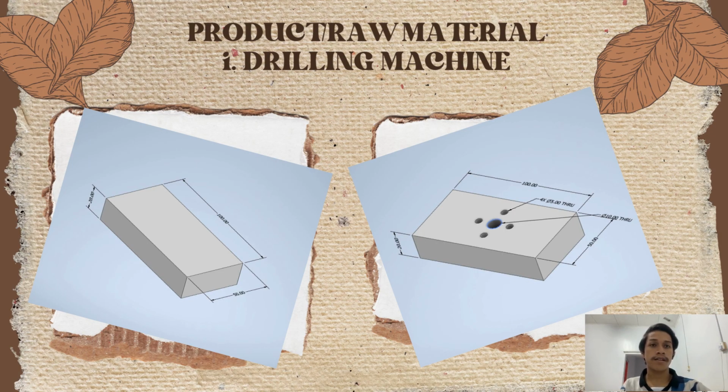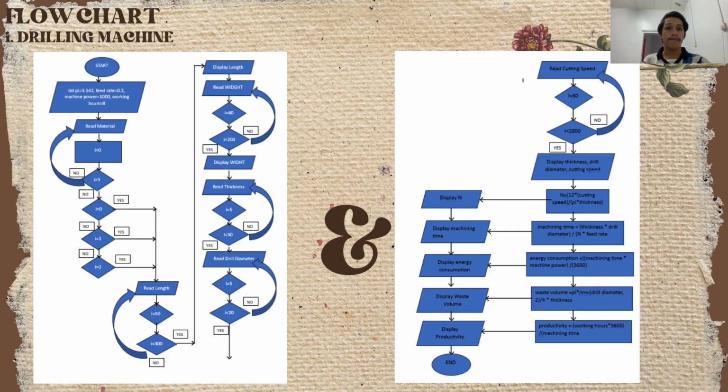For the product and raw material for the drilling machine, my product is where I make 5 holes with 2 different diameters. For the flowchart for the drilling machine, the input is pi, feed rate, machine power, working hour, thickness, width, length, real diameter, and cutting speed.